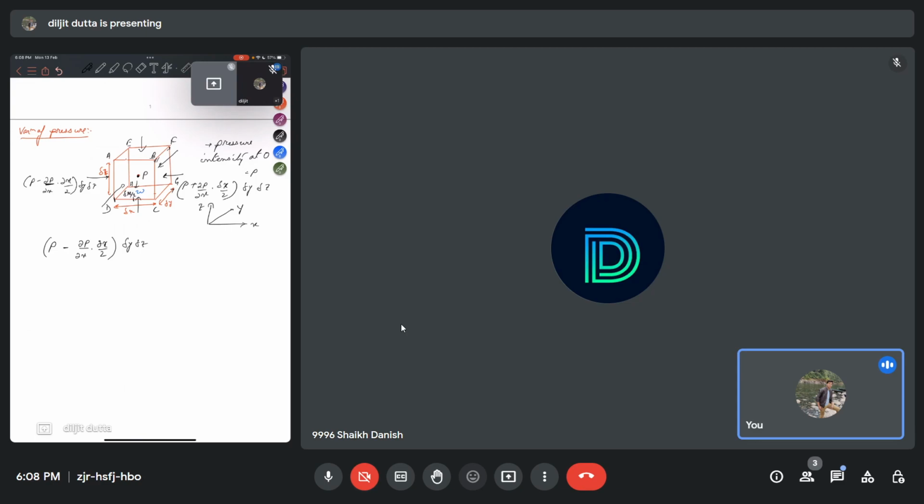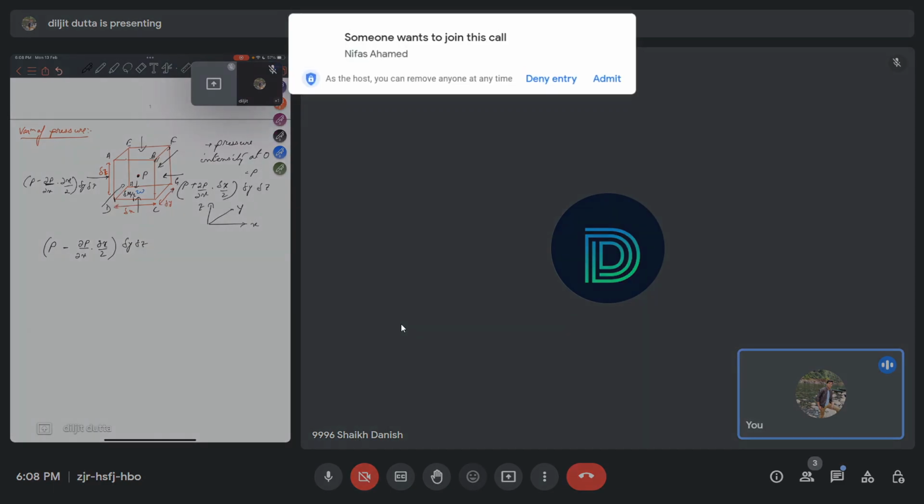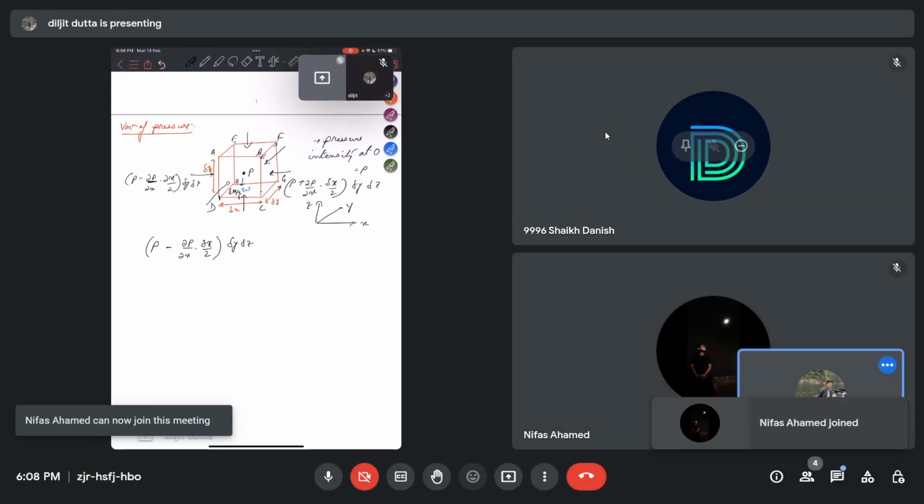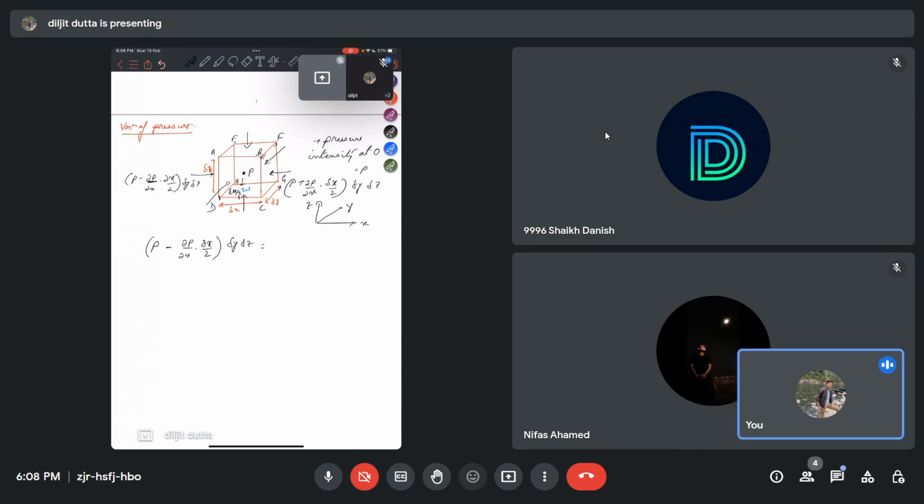So the total force on the left-hand side should be equal to the total force on the right-hand side, equating the forces in the x direction, into delta y into delta z.